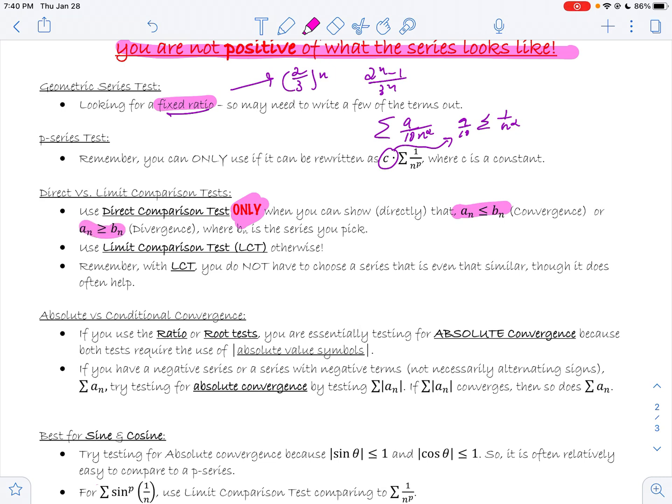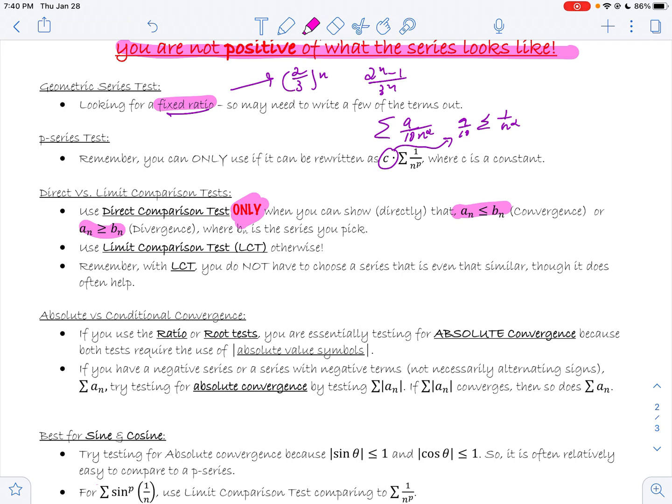You have to show that the series you're using in your comparison is bigger than the series you want to know is convergent or divergent. That's for convergence. Or the series that you choose has to be smaller if you want to show divergence.